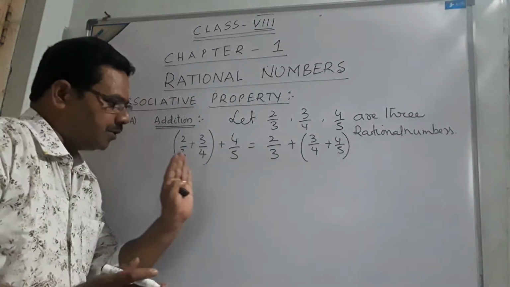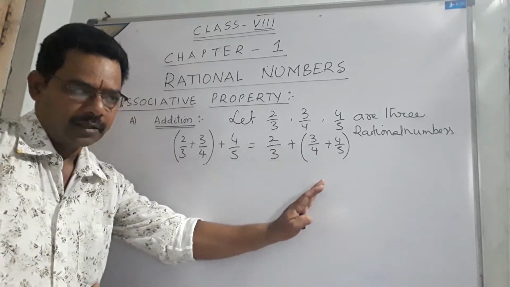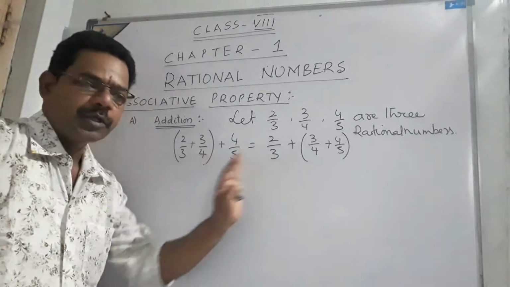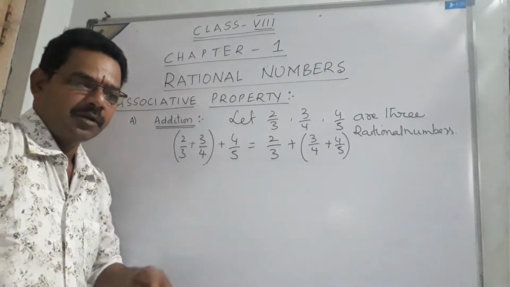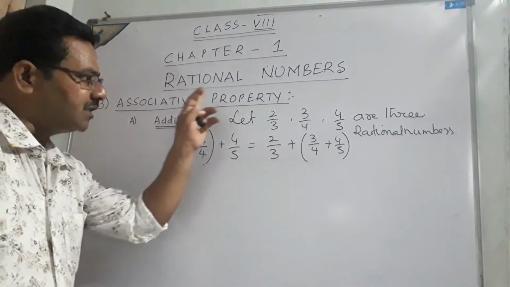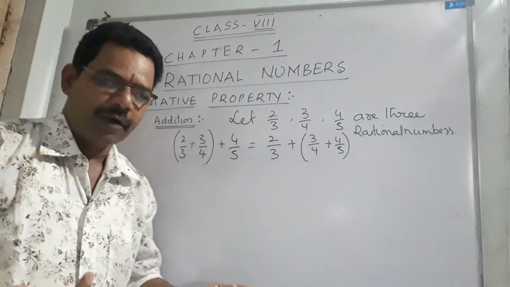Then we have to check both sides, whether the left hand side is equal to the right hand side or not. If we get the same answer on both sides, we can say that in addition this property is followed in rational numbers. Otherwise it is not followed.